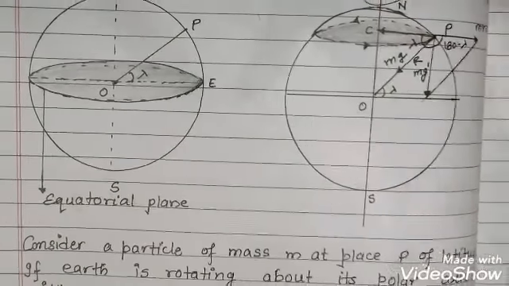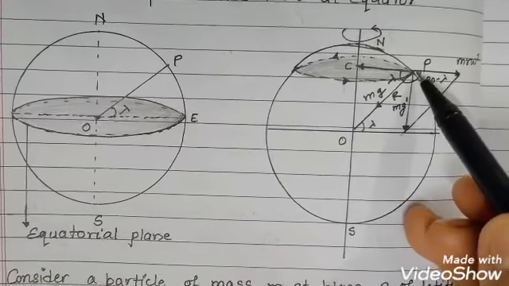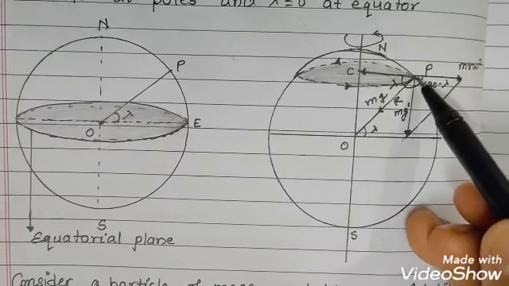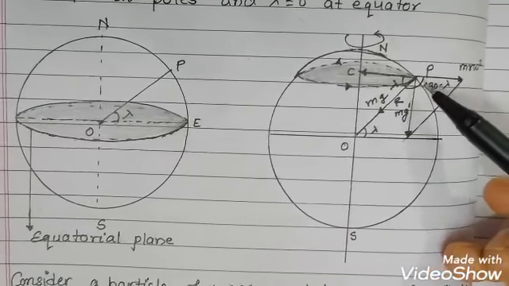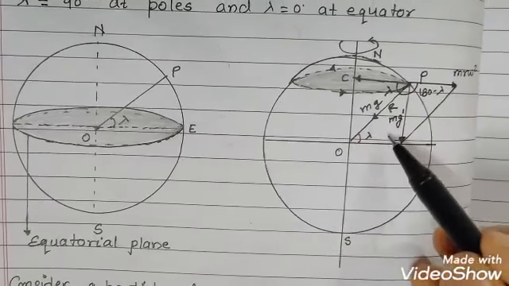To understand this, in this figure you can observe that at point P we are considering a particle of mass m, small m. This is at place P of latitude lambda, that means this location makes angle lambda with the equatorial plane.